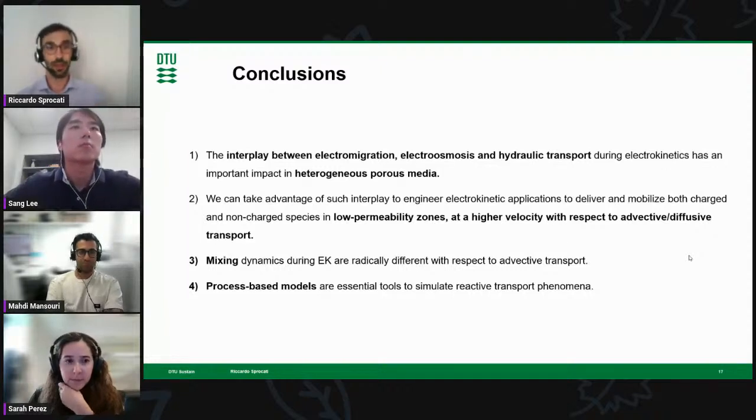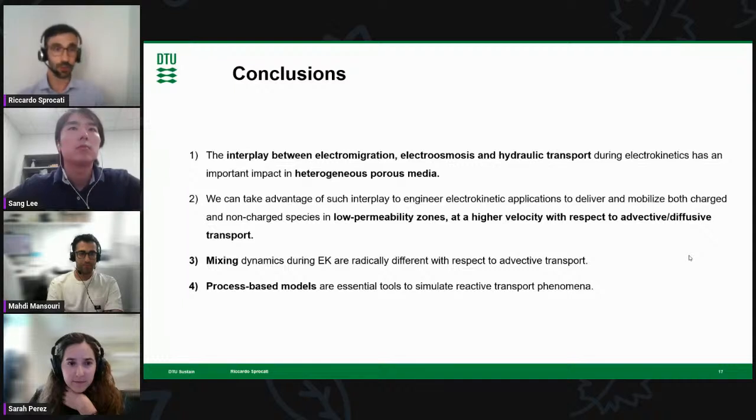We can take advantage of that interplay to engineer and target different electrokinetic applications to deliver and mobilize both charged and non-charged species in low permeability zones. And that can be done at a higher speed than what is possible with just advective-diffusive transport.